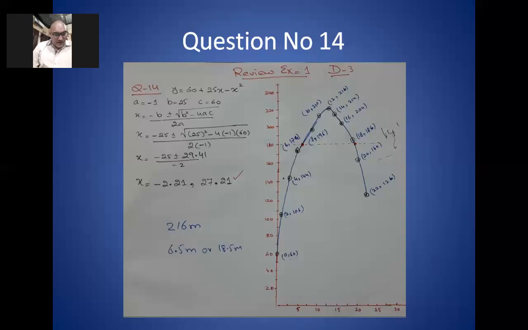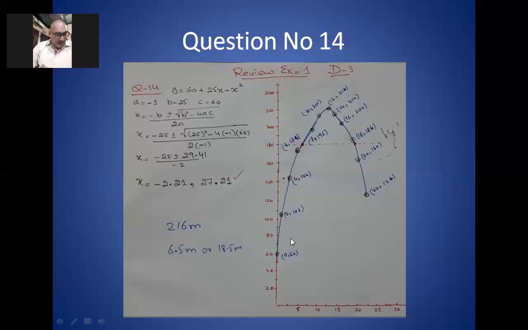Then he says, using a scale of 2 centimeters to represent 20 meters, draw a vertical y-axis for y from 0 to 220. So every 2 centimeters is 20 on the y-axis. So 20, 40, 60, 80, 100, 120, 140, 160, 180, 200, 220, 240.